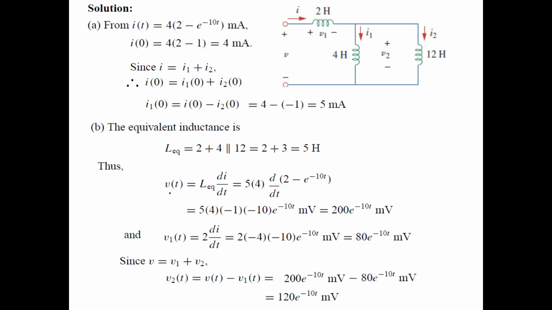We have found the total voltage should be 200 e to the minus 10t. Now the next two voltages are very easy to find. If you know the total voltage, you can apply KVL to find the other two voltages.